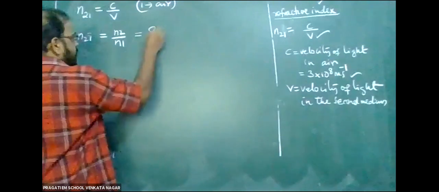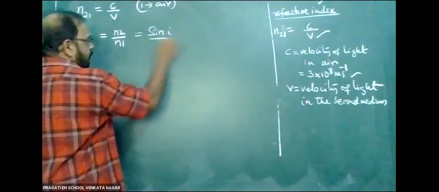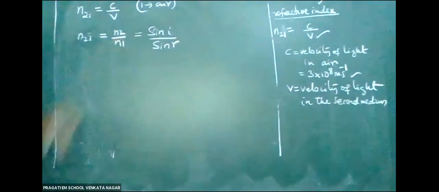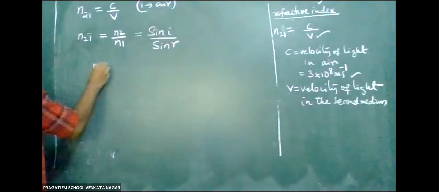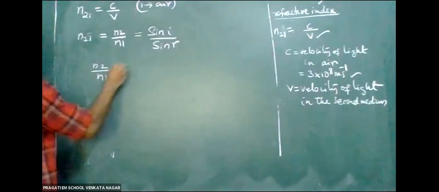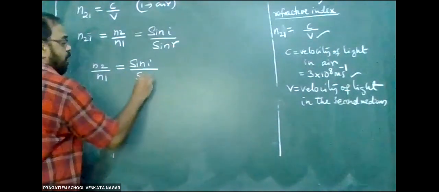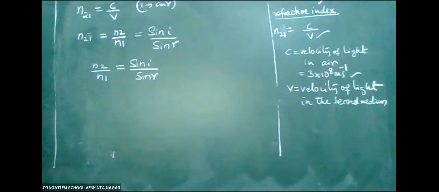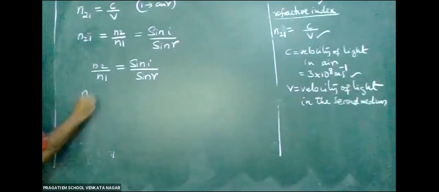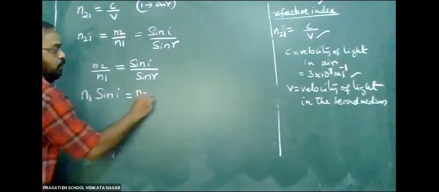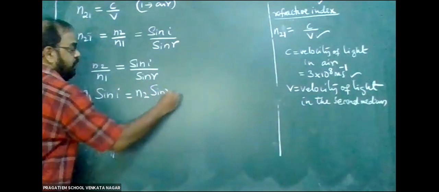It is again equal to sin I by sin R. If you take these first two, N2 by N1 is equal to sin I by sin R. Cross multiply, you get N1 sin I is equal to N2 sin R.